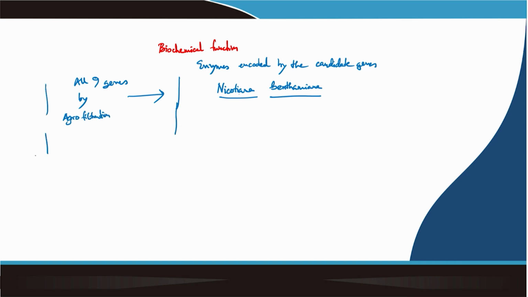Along with that, they have done feeding of substrate, which is 1-phenethyl isoquinoline. Then they check for the production of the product, which is the N-formyl demecolchicine, and all genes worked well.